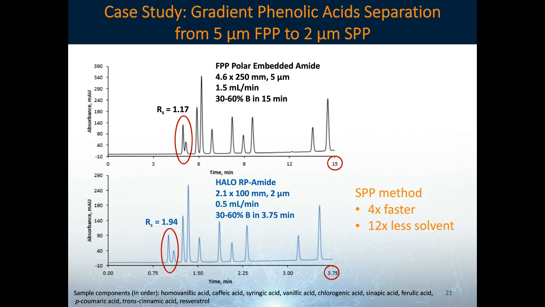Whereas on the halo column, we're able to decrease the total runtime to 3.75 minutes, and then also increase the resolution to 1.94 or baseline. So not only is the SPP method 4 times faster, but in this case you're using 12 times less solvent.